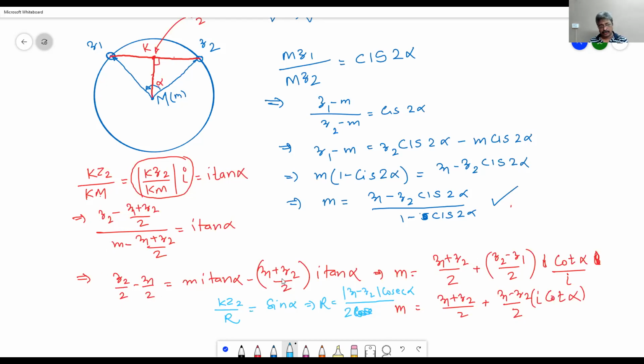Its absolute value is eventually the distance between those two complex numbers, so it is positive. KZ2 divided by R is sin alpha, trigonometry. Therefore, R is equal to KZ2 upon sin alpha. KZ2 is Z1 minus Z2 by 2. Sin alpha in the denominator is cosec alpha in the numerator.